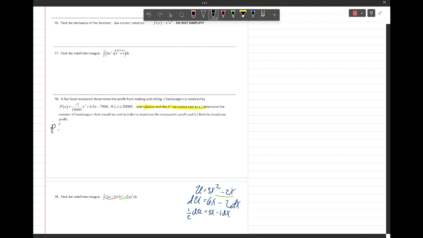Okay, so P prime of x equals this. So what is going on here? All that's going on here is the simple power rule. That's where all this is coming from.